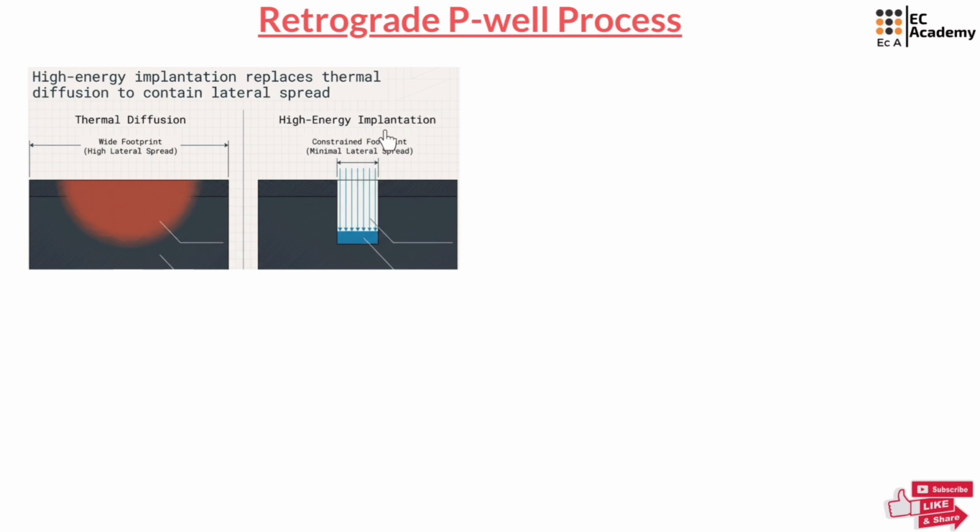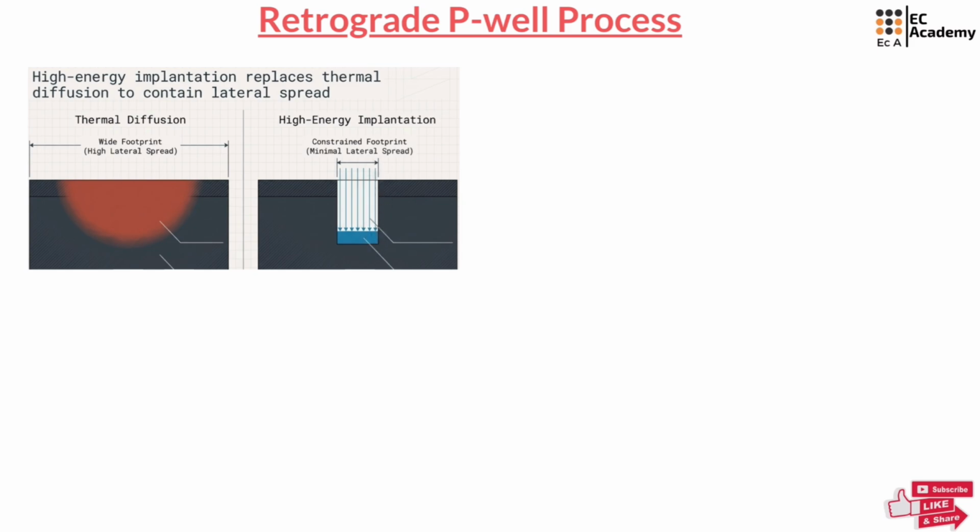It uses high energy implantation, which means instead of heating and letting the material spread, which is used in thermal diffusion, we use high energy boron implantation. It is similar to shooting tiny boron particles straight down into the silicon, just like little bullets, by using very high energy.